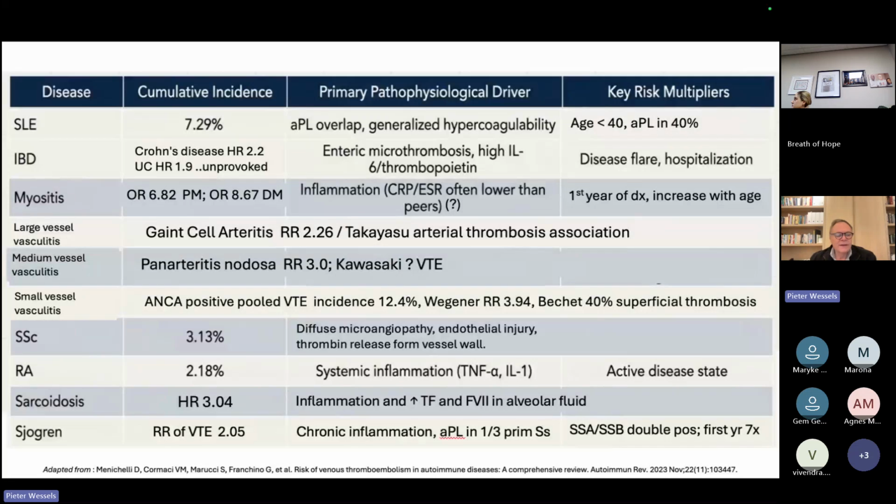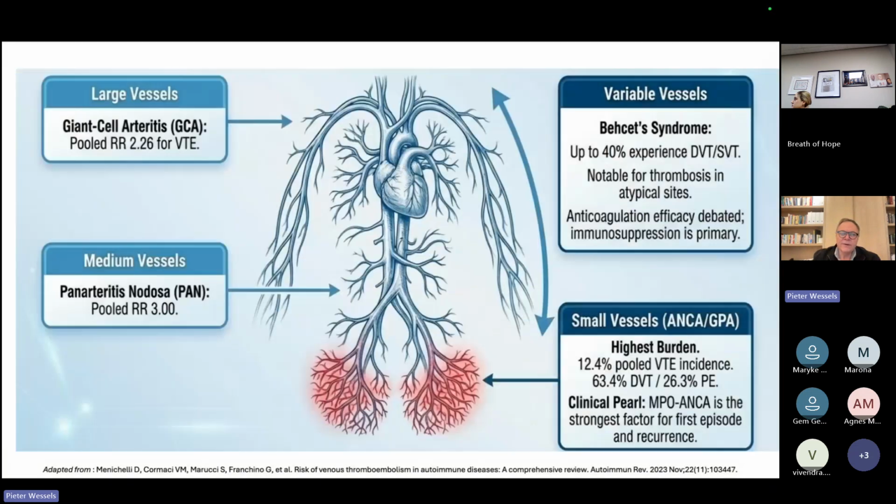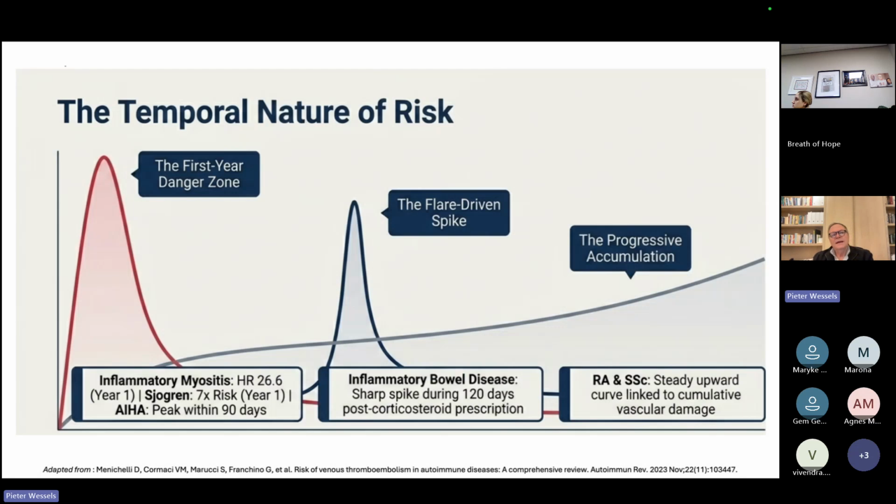The message is really, not all patients with an autoimmune disease need to be put on an anticoagulant. Just to show you again the vasculitis, you can read it if you don't know it, you don't need to know it if you don't work with it. And just to explain again why I'm not saying that everybody with rheumatoid or underlying autoimmune disorder needs to be permanently on anticoagulation, but there are danger zones in the first year, for example.